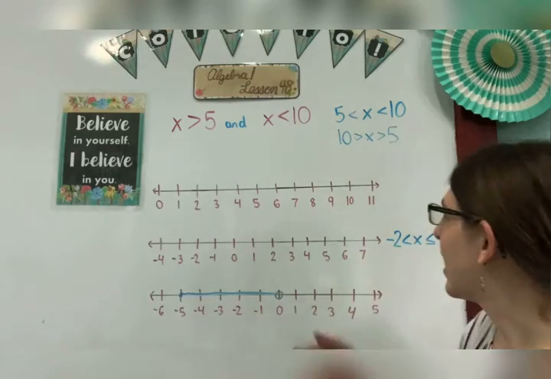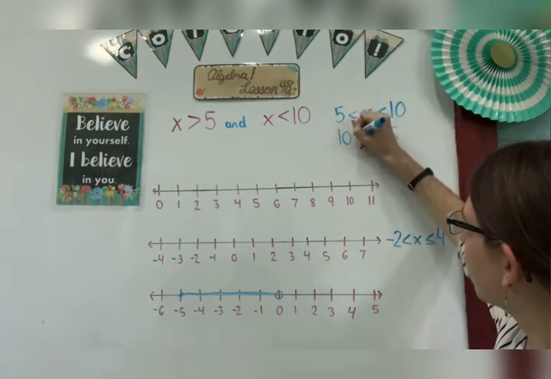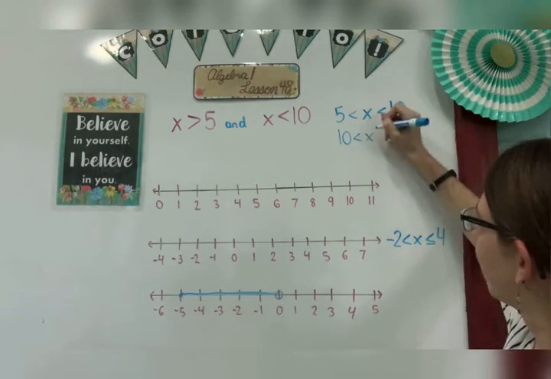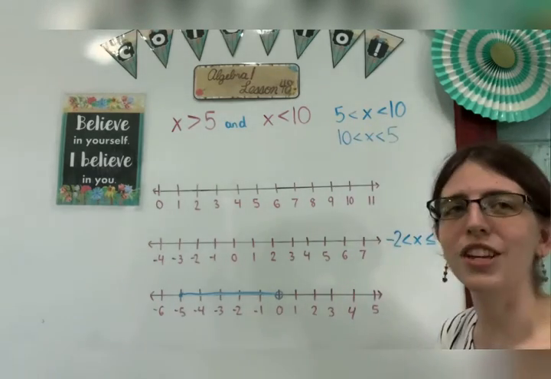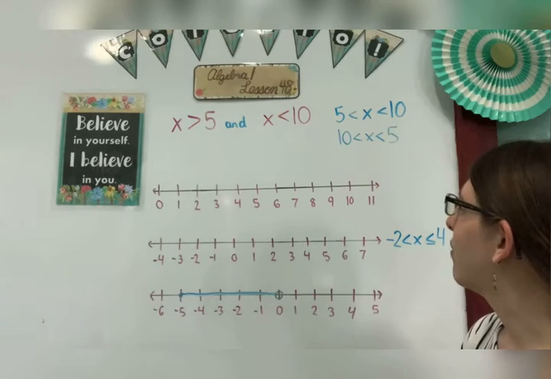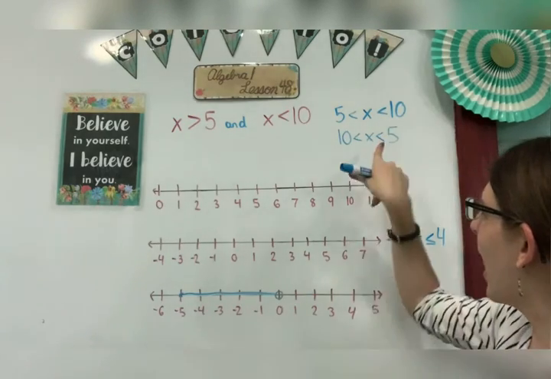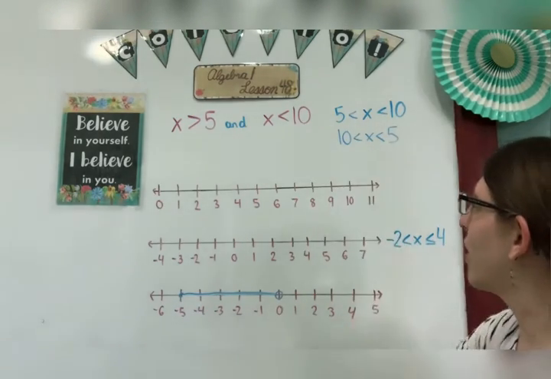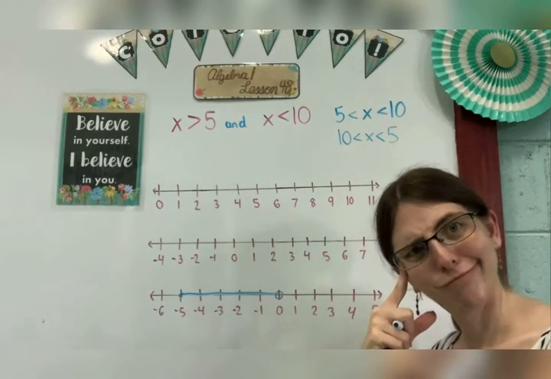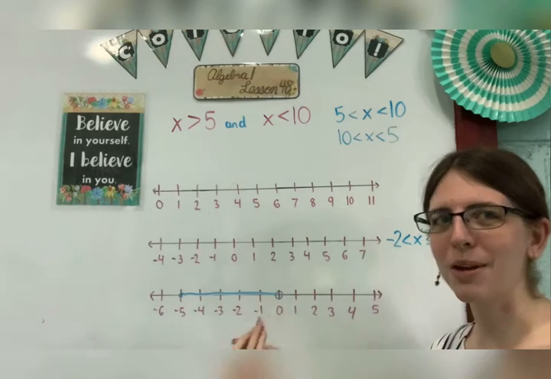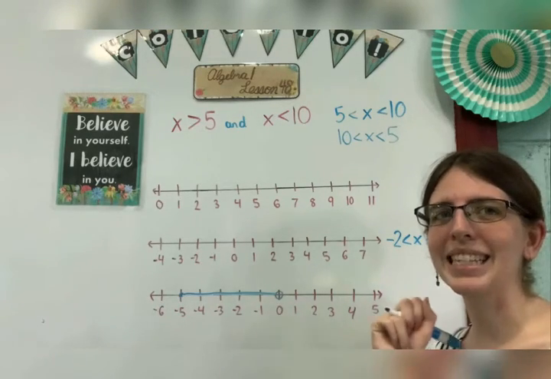If I had it the other way, if I just wrote the 10 over here and the 5 over here without changing the direction, I would have that x would be all the numbers that are greater than 10 but smaller than 5. No, there are no such numbers. So you have to make sure that it makes sense.